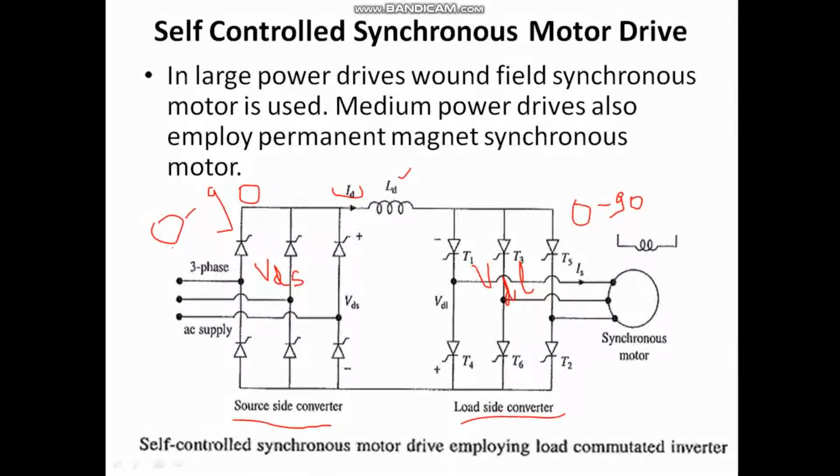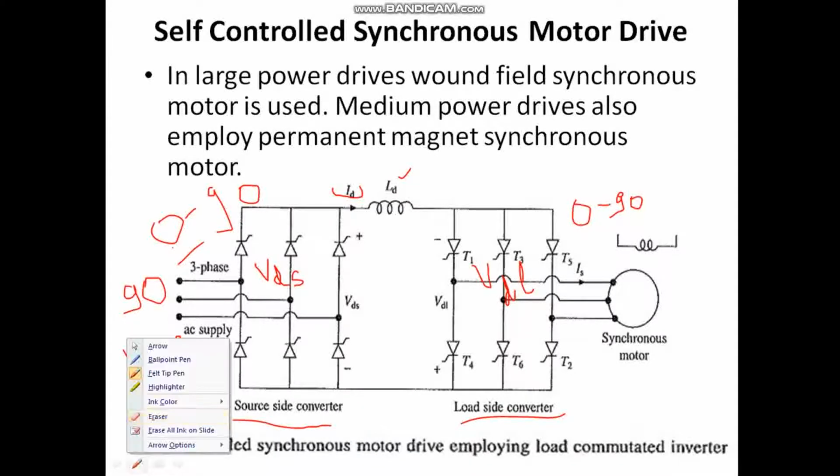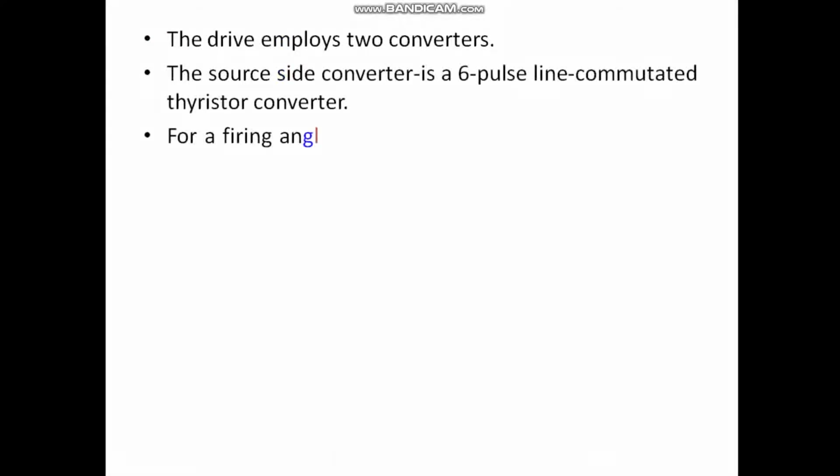However, for the next firing angle between 90 to 180, the source converter side acts as the reverse of what we had in 0 to 90. The condition of voltages may change, but the condition of current will not change.